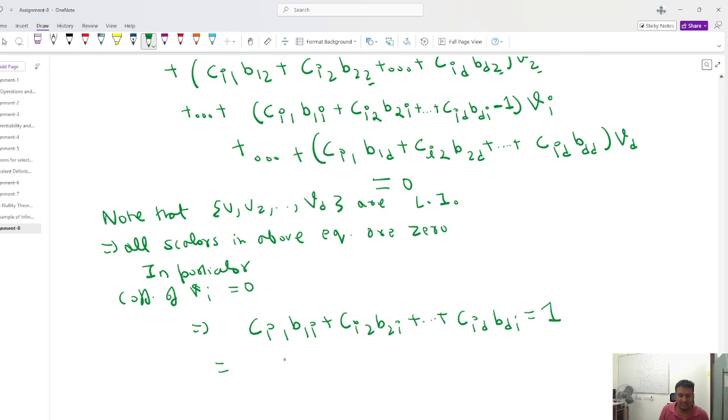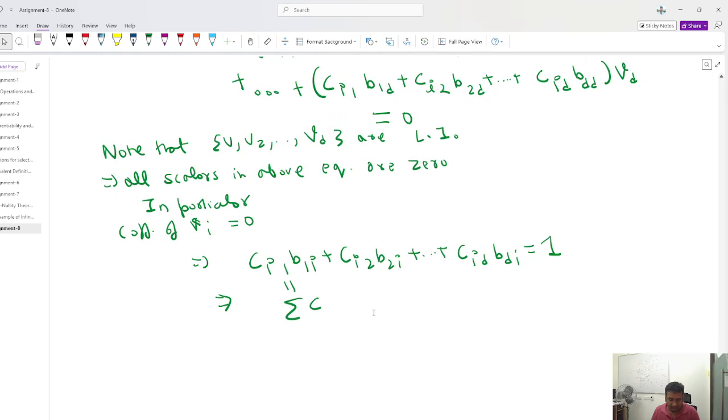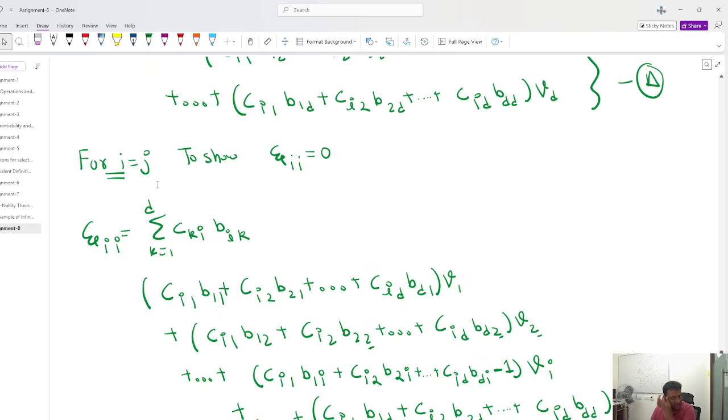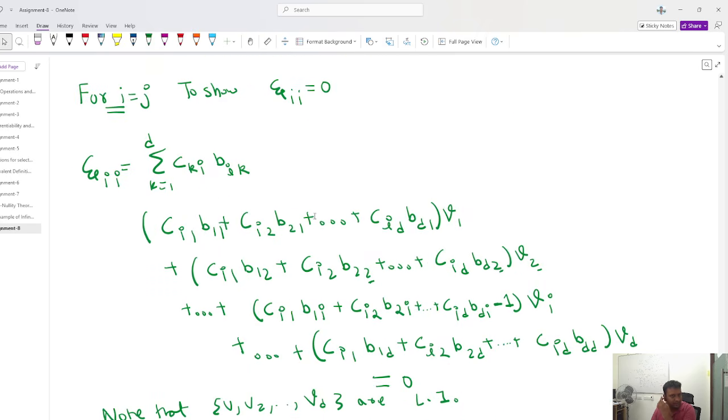Guys, what is this? This is nothing but your xi I, right? So xi I is 1. So similarly, if I is equal to j, okay?